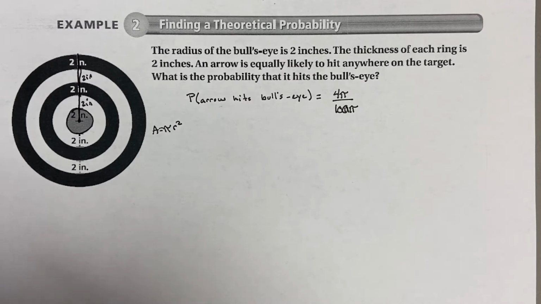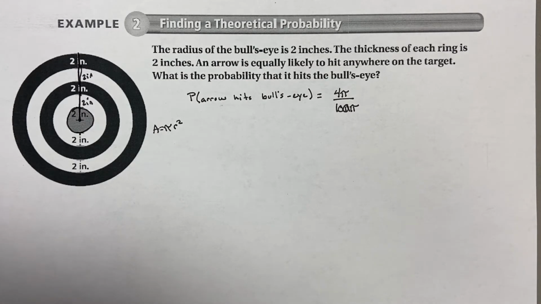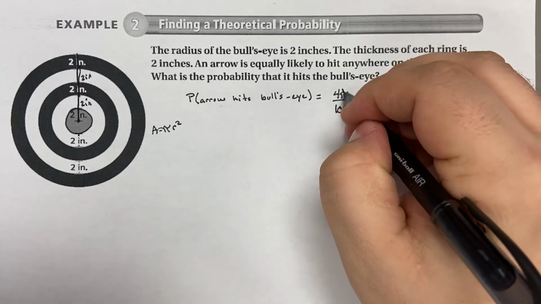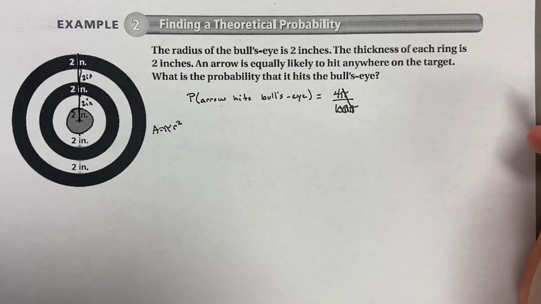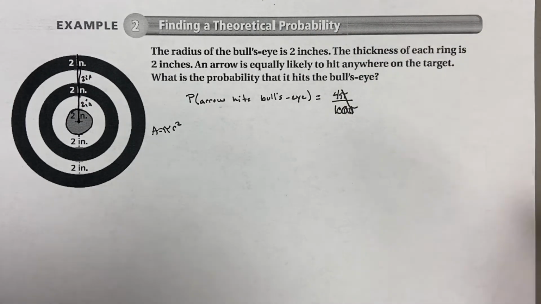Well, here's the nice thing. Remember, any fraction that contains the same factor in the numerator and denominator, those factors will cancel. We no longer have to worry about that pi. That's why we went ahead and kept it, because we're going to eventually not have to worry about it.